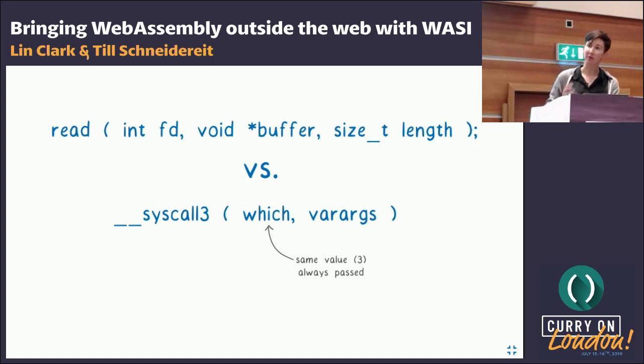The second parameter, var args, those are the arguments to use, and it's called var args because there's a variable number of them. But WebAssembly doesn't actually provide a way to pass in a variable number of arguments to a function. So instead, the arguments are passed in via linear memory, so basically via the heap. Now this isn't type safe, and it's slower than it would be if you could pass these in via registers.